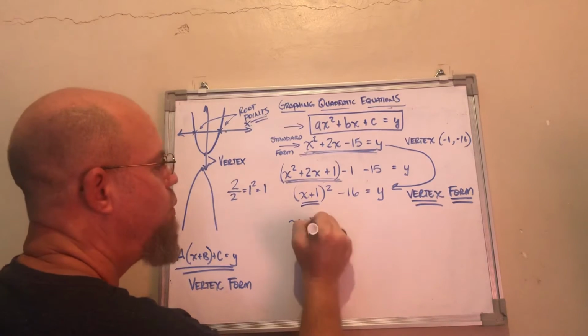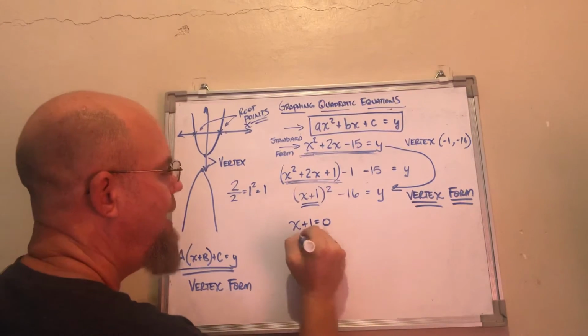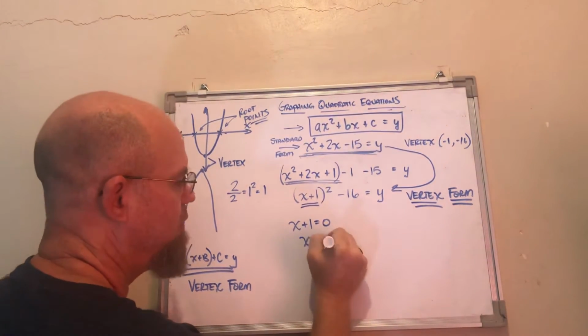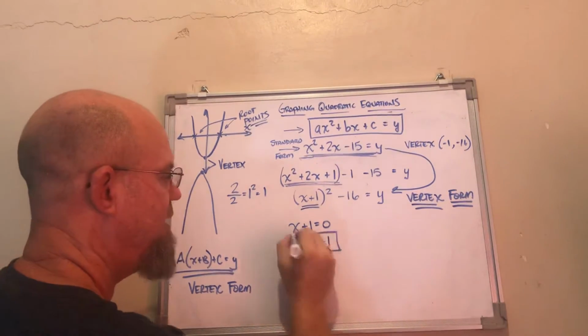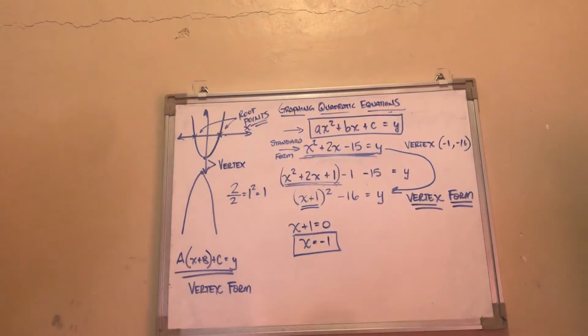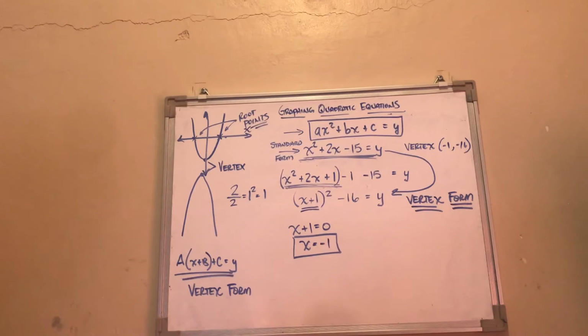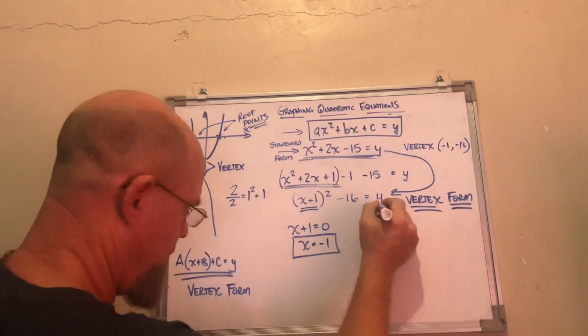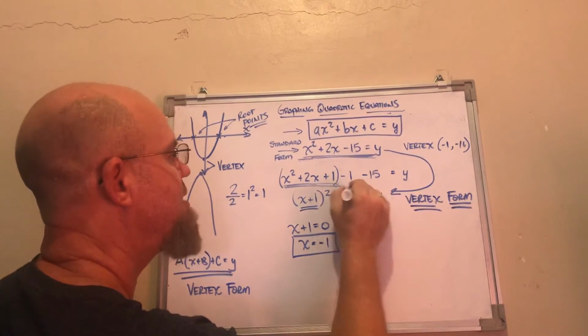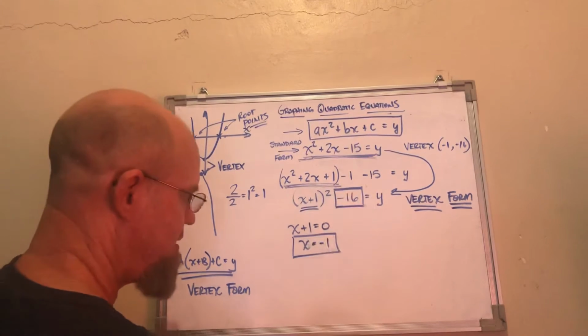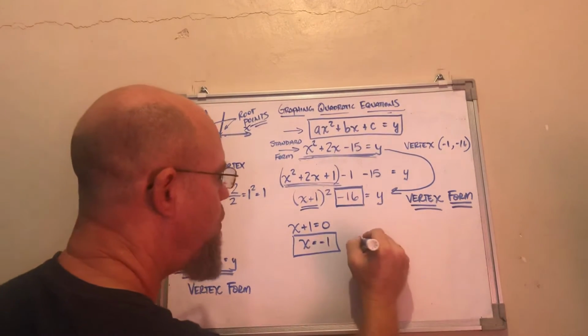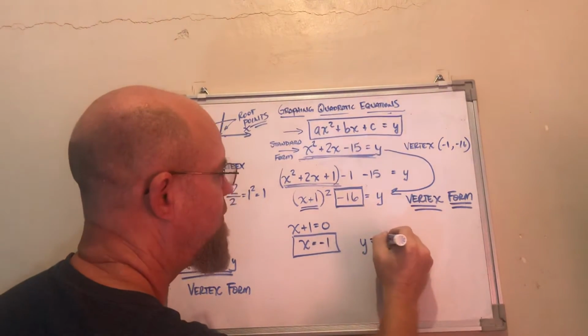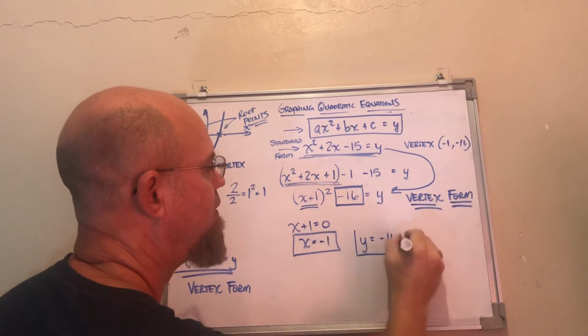So if x plus 1 equals 0, x is going to equal -1. And that is our x value of the vertex. The y value of the vertex is just the constant, -16. So the y value of the vertex is -16.